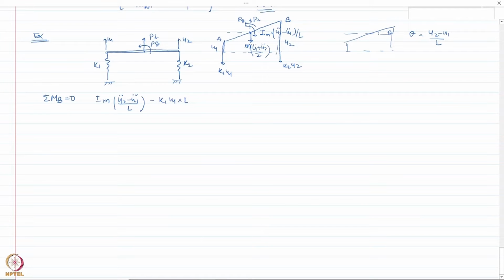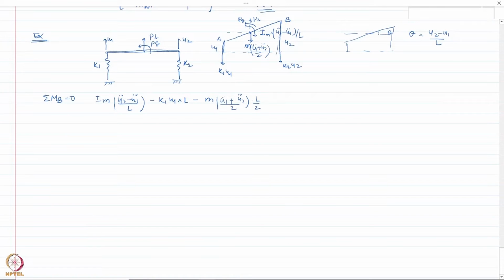And then I have m times (u1 plus u2) divided by 2 times L by 2, and this quantity is basically anti-clockwise.